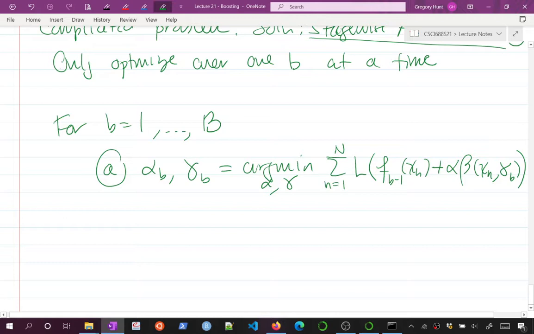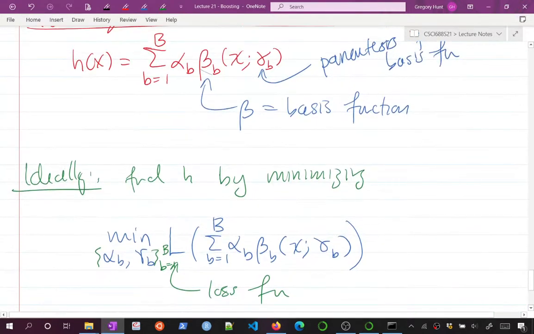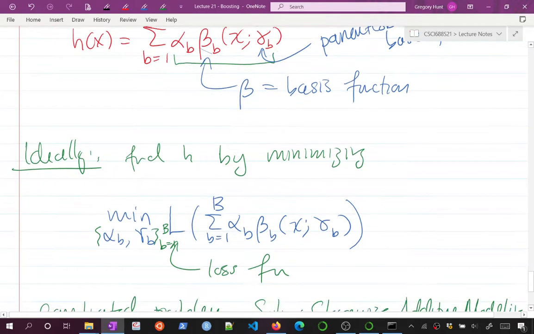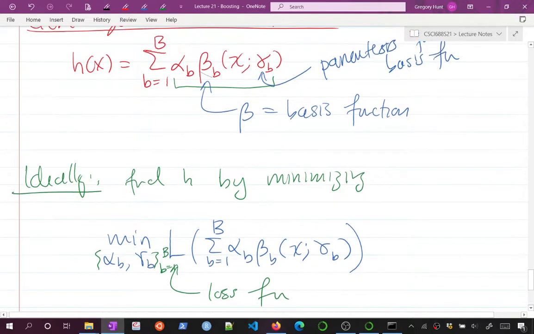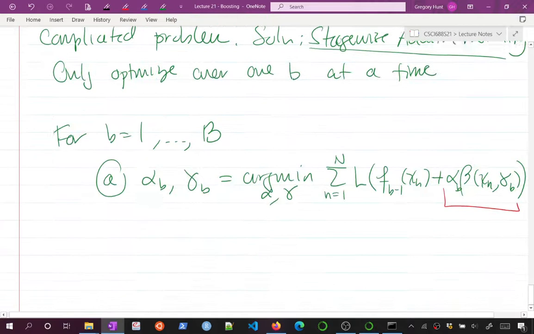Once we have f1, we add on a term, one at a time. This alpha depends on b; it is one of the terms from this sum. We're building up this sum one thing at a time. It's not globally the optimum thing to do, but we fix the previous terms and add on one at a time and just optimize as we go.